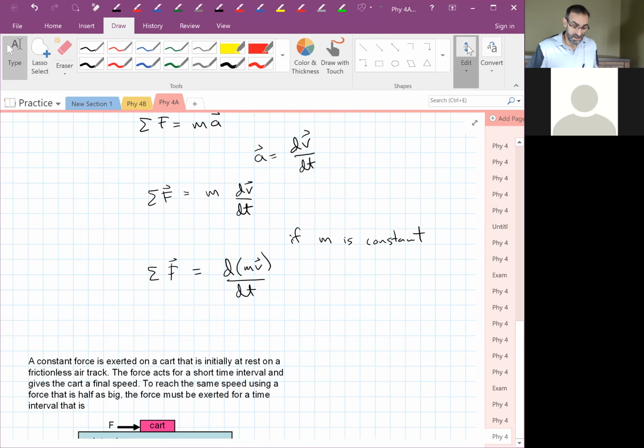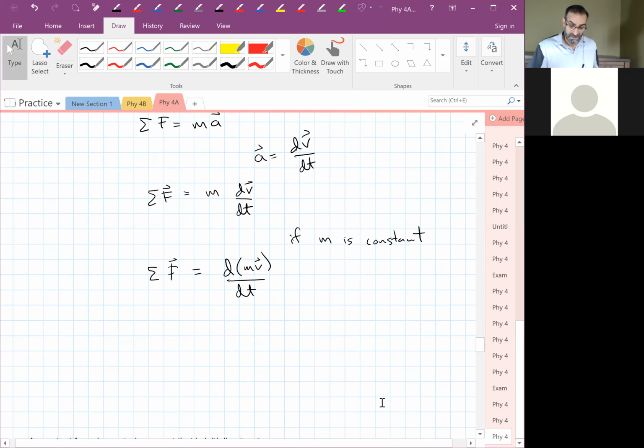It's momentum. This is how Newton came up with this idea. He saw this equation. He said, wait a minute. The derivative of this special quantity, m times v, with respect to time, has to be 0 when there's no net force, when the sum of the forces is 0.